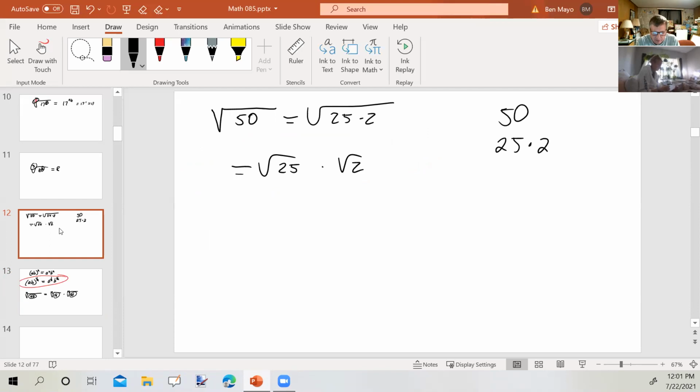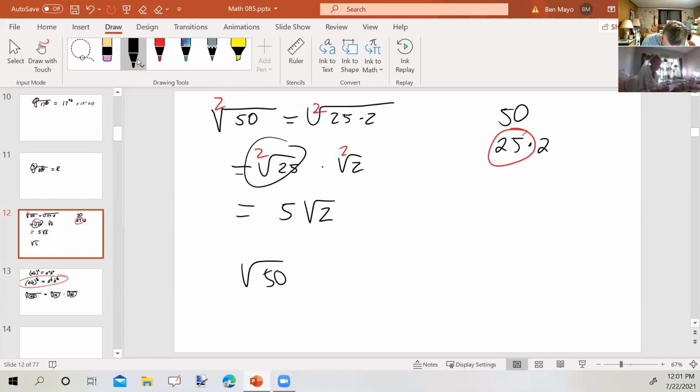Why would I want to do that? Well, since my index is that implied 2, by finding a factor that is a perfect square, I can take the square root of 25, which is a 5, outside of the radical, and then the square root of 2 remains inside. So what do I get? The square root of 50 equals 5 square roots of 2.